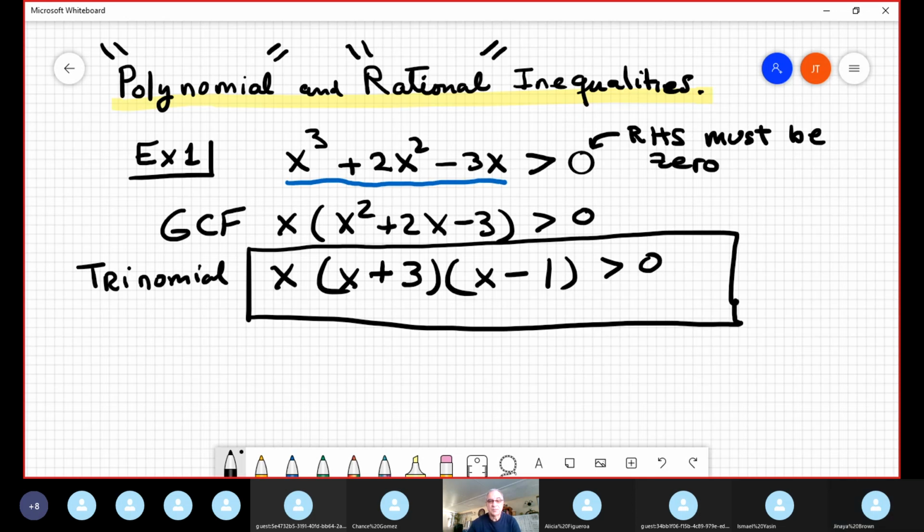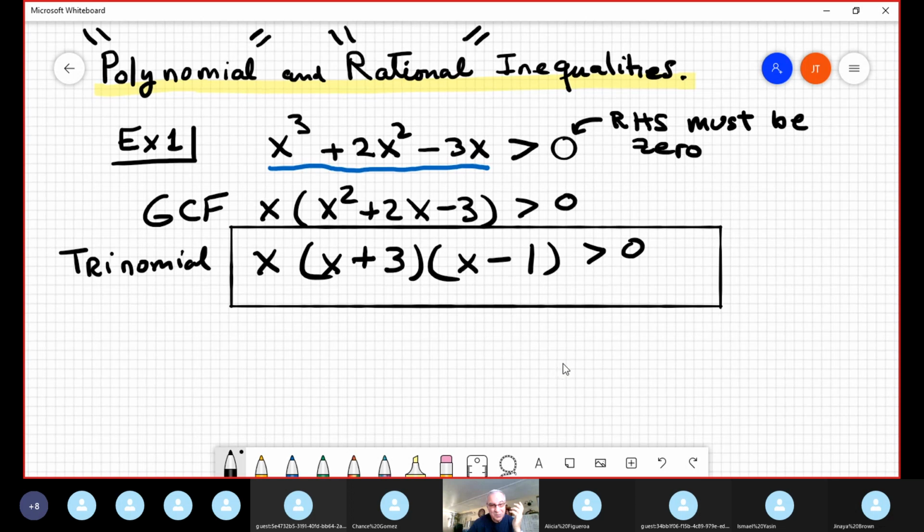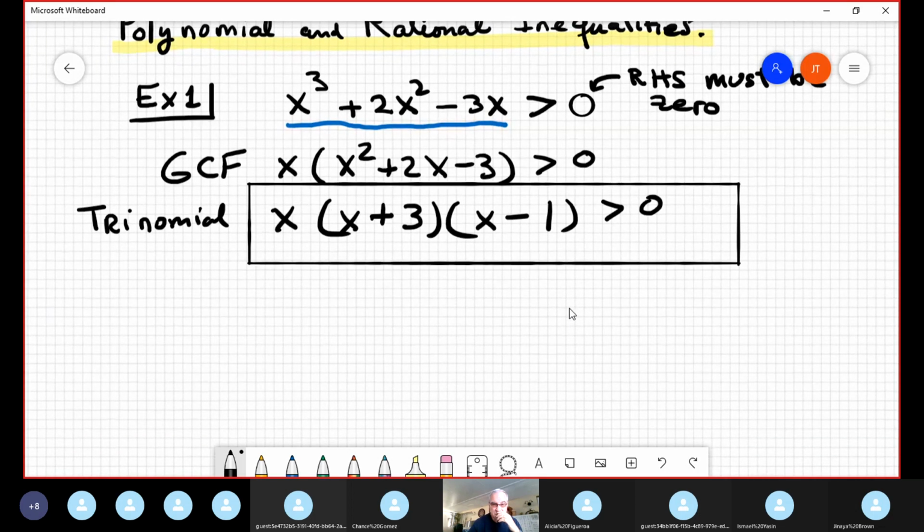Yes. Okay. So you transform the original inequality, which is unclear, into one that is a little bit more clear, because we factored the left-hand side and the right-hand side is 0. Okay, what is the next step?